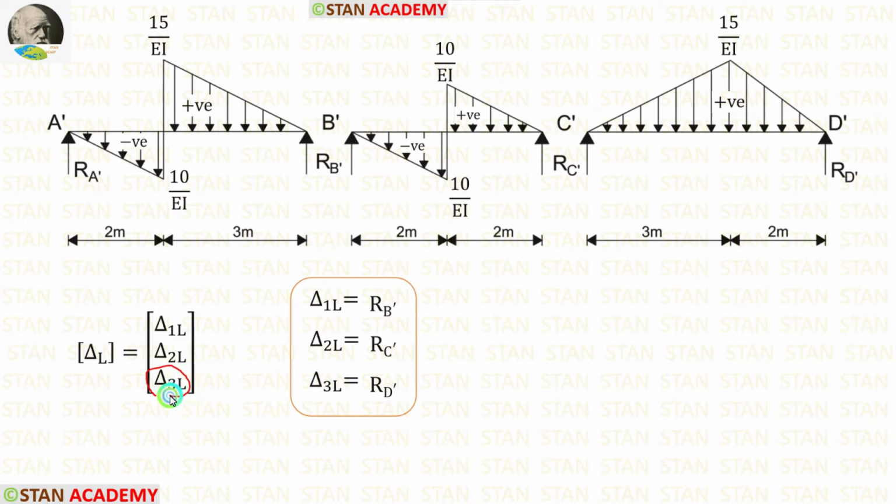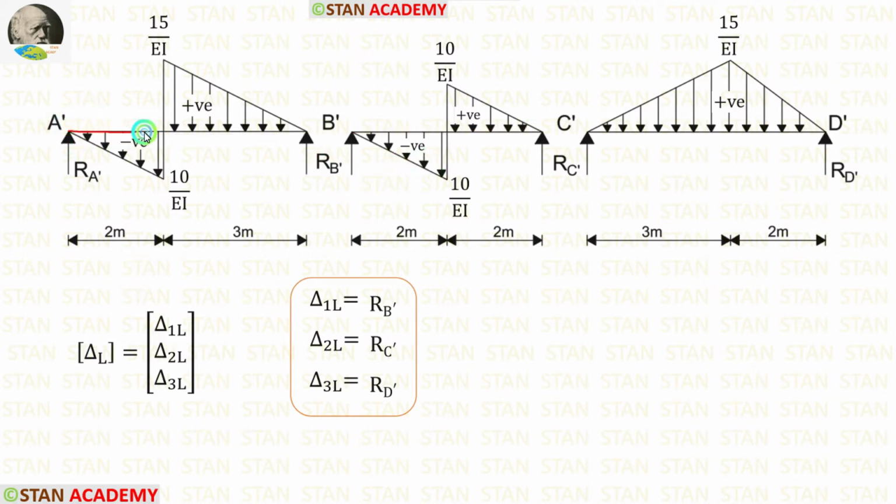Delta 3L should be calculated from the third coordinate, that is in the point D dash. Now let us calculate delta 1L. For that we have to find RB dash. RB dash should be calculated from the beams A dash B dash and B dash C dash.